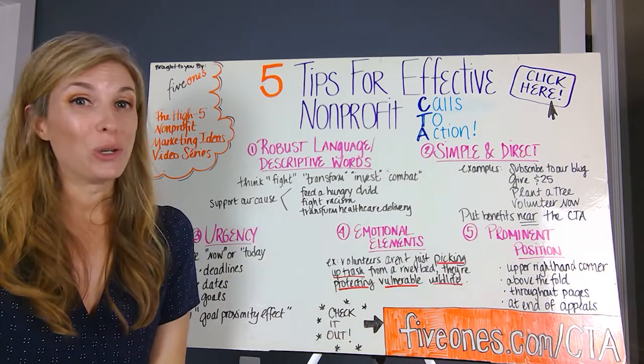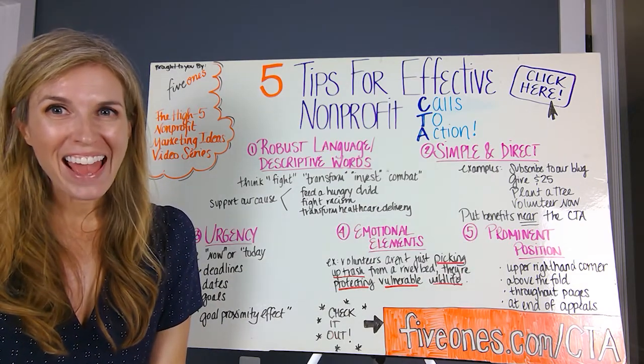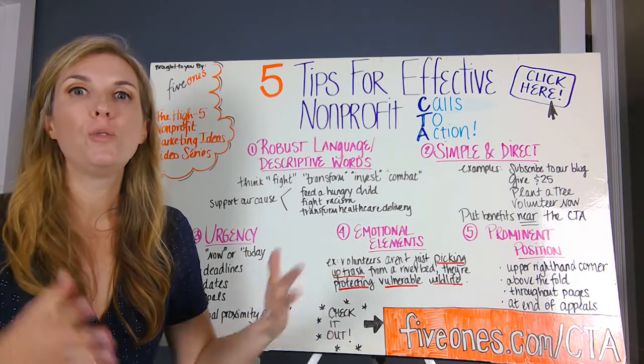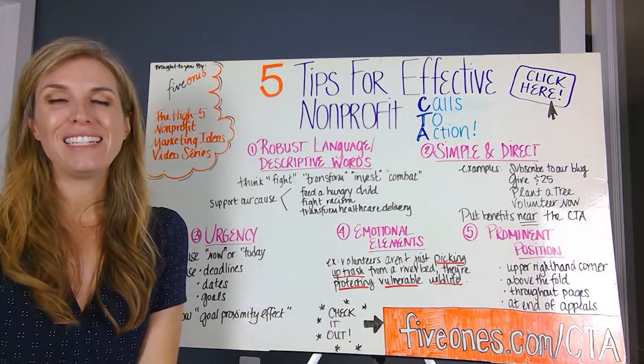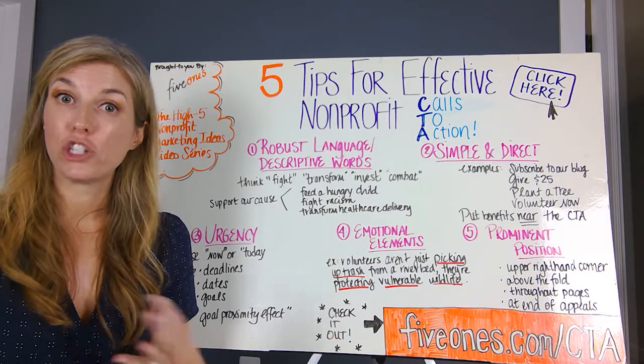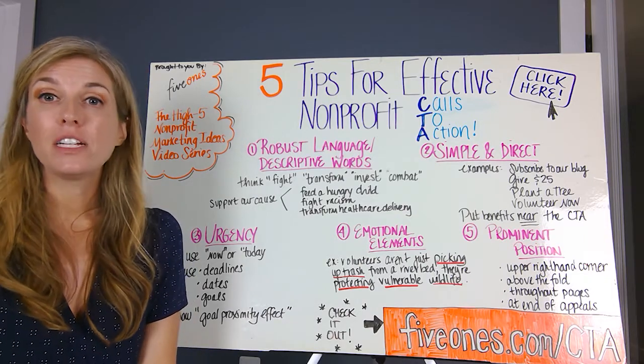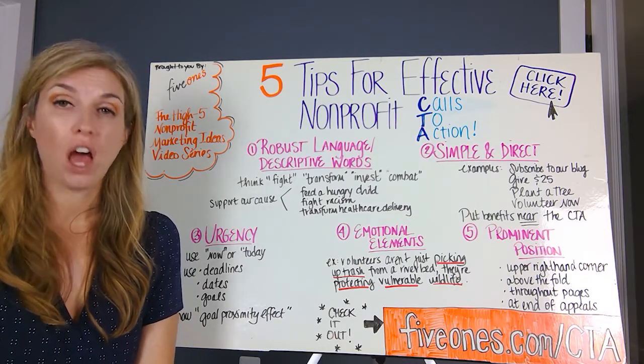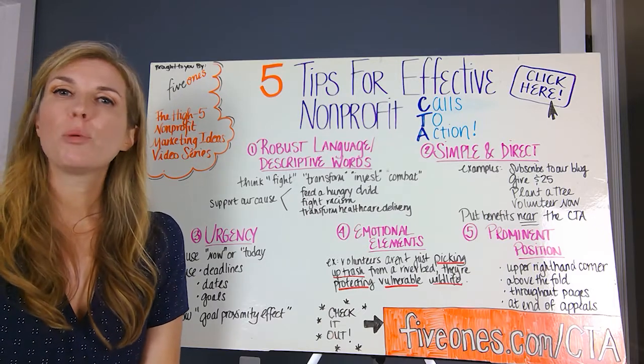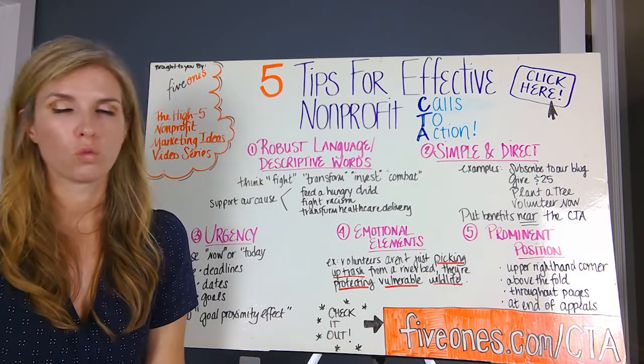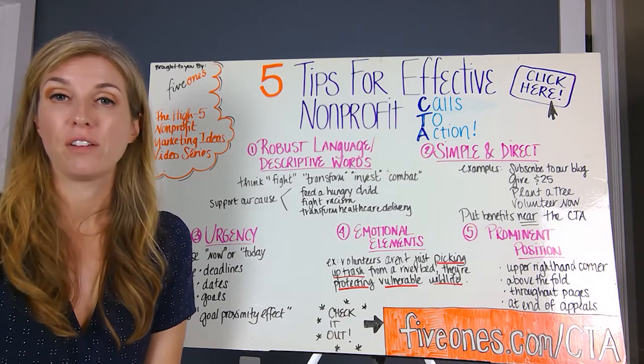5. Don't let your CTA go MIA. To answer the call to action, people need to get the call. Put your CTA in a prominent position or positions appropriate for the medium. A standalone call to action button works at the top of your website. Consider putting it in the upper left-hand corner or right-hand corner. That's where eyeballs land first.